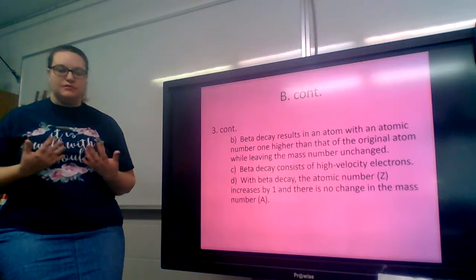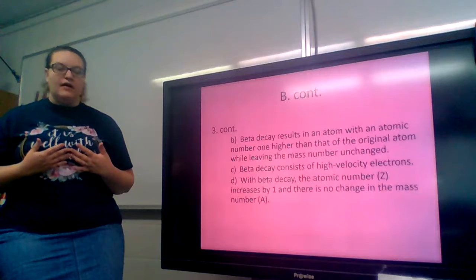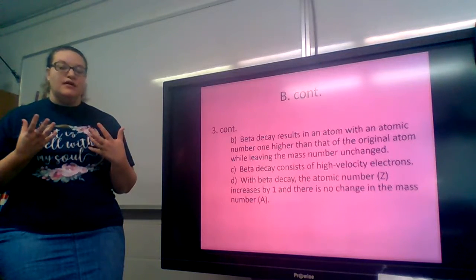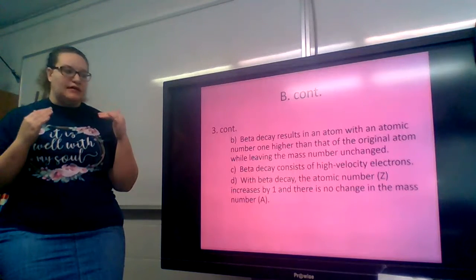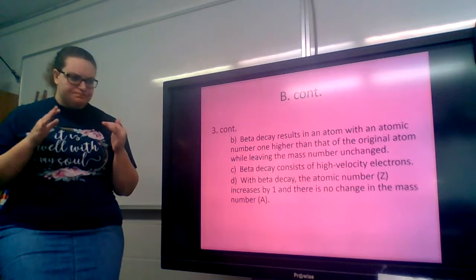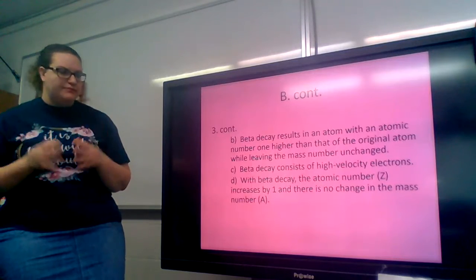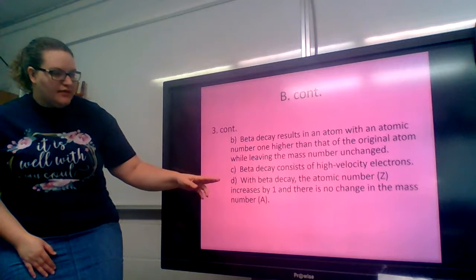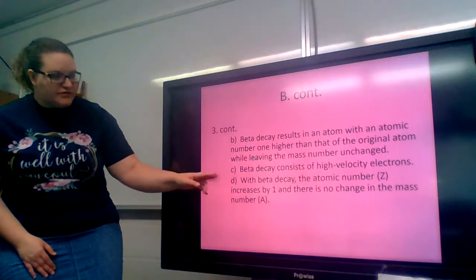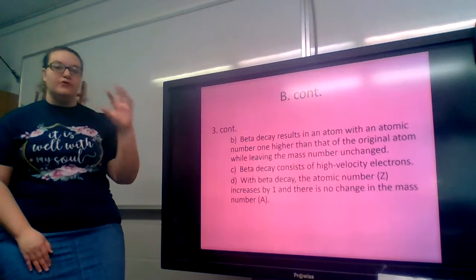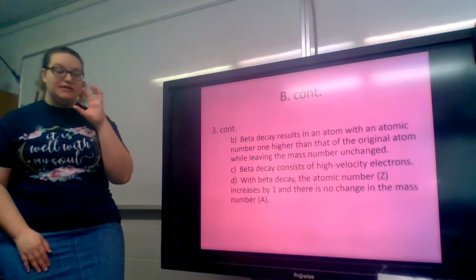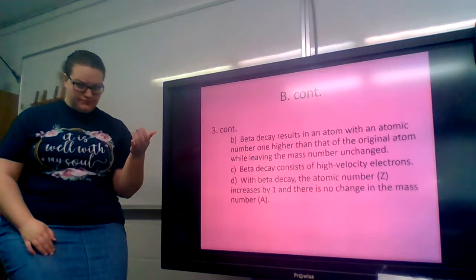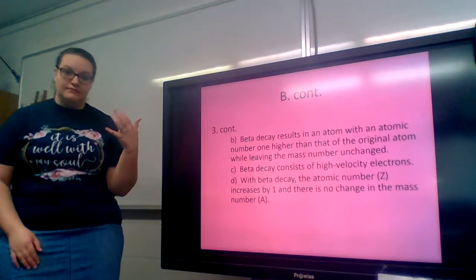Let's say we're still working with oxygen, but we're working with the cation or the anion of oxygen, which means the atomic numbers are different. Beta decay consists of high velocity electrons, and the atomic number increases by 1 with no change in the overall mass number, because you're still working with the same substance. If you've gained 1, then you are technically dealing with a cation.